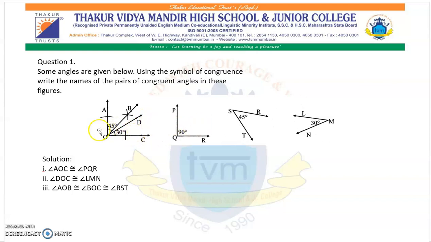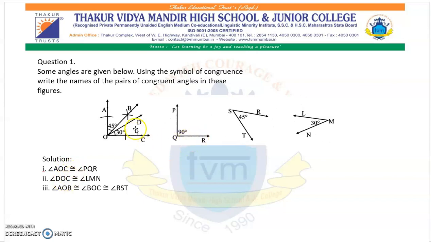As I told you in the previous slide, if angles have the same measures, they are called congruent angles. So you can see angle AOC is 90 degree and angle PQR is 90 degree. So angle AOC is congruent to angle PQR. In the middle, this is the symbol for congruence.